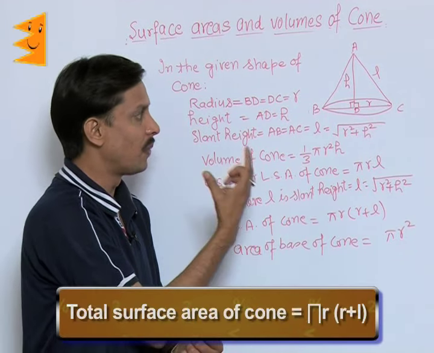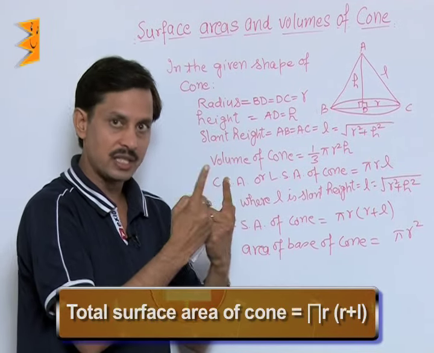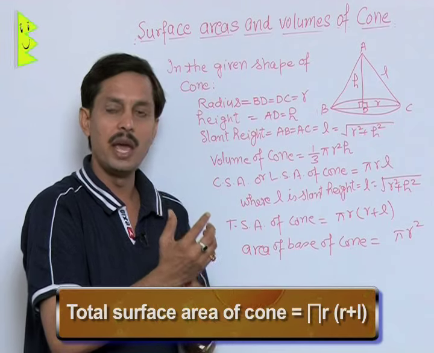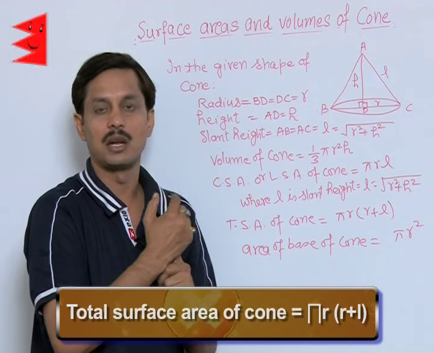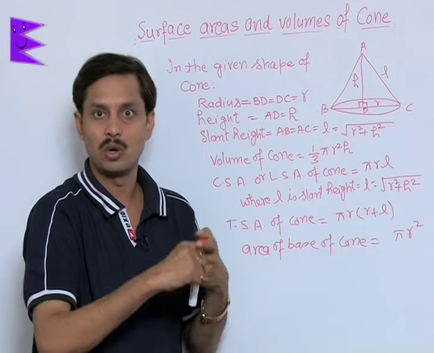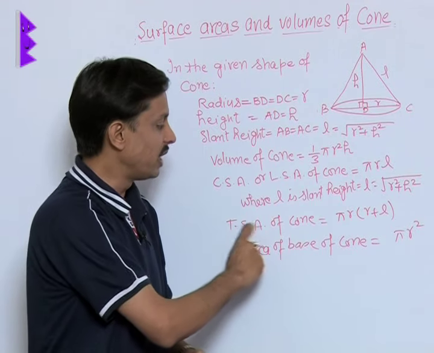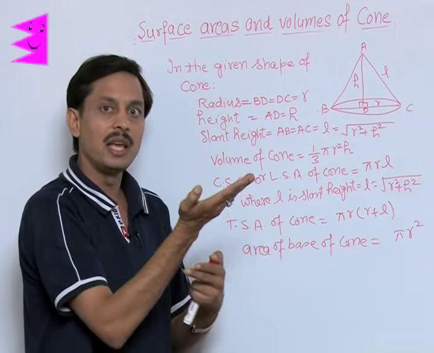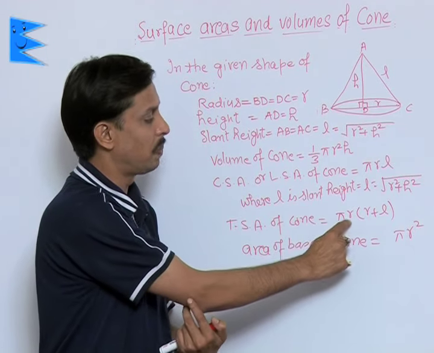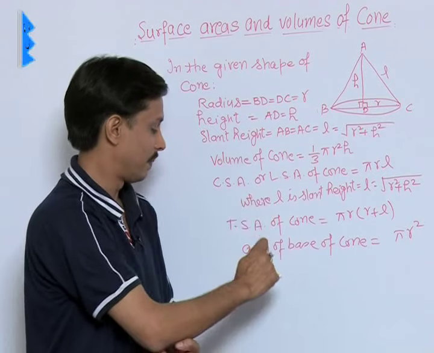Total surface area of a cone is CSA plus area of base. You know the base of a cone is a circle, and the radius of the circle is known as the radius of the cone. So TSA of cone, by adding area of base and curved surface, comes to pi r into r plus l.